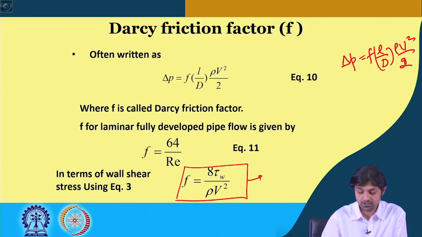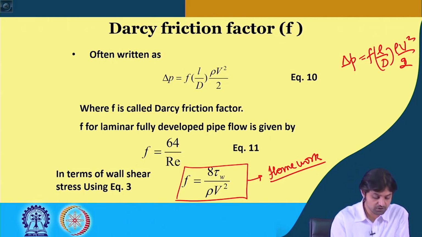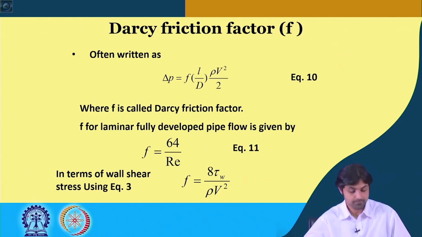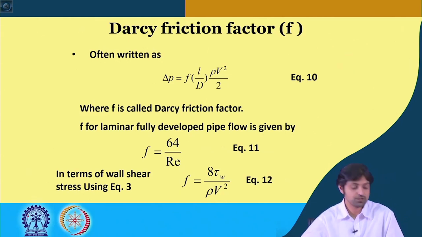This is quite simple. Do it as your homework. If you have any problems, you can ask me in the forum. And this is equation number 12. It's just a matter of equating to obtain this in terms of wall shear stress.